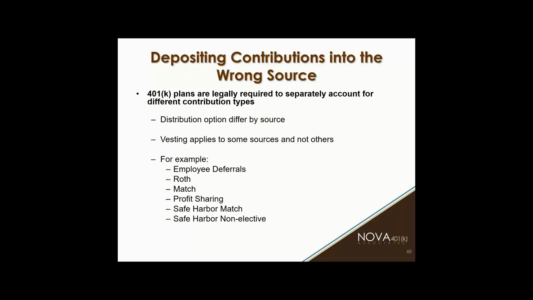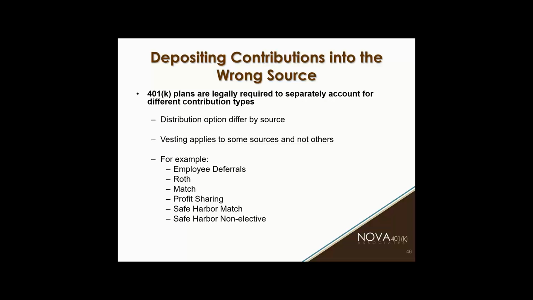Contributing money to the wrong money source in your plan. At your investment company, there are different buckets of money for the employee contributions. If there's Roth, which is an after-tax employee contribution, there's a separate bucket for that, the match, the profit sharing.